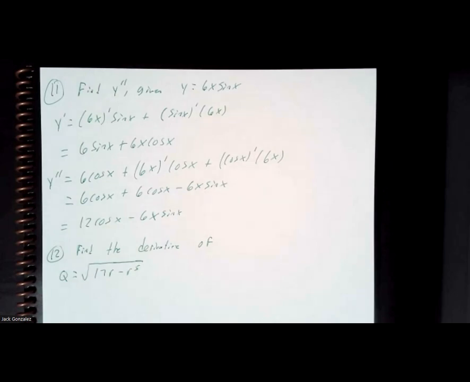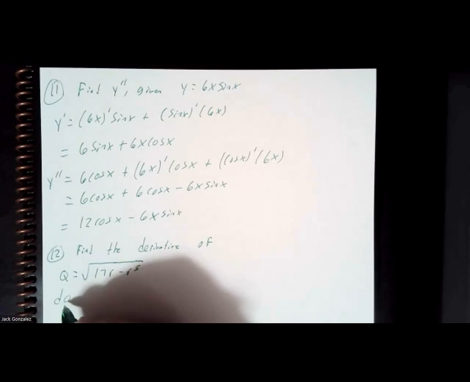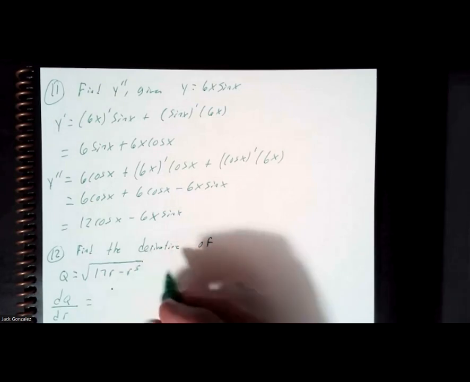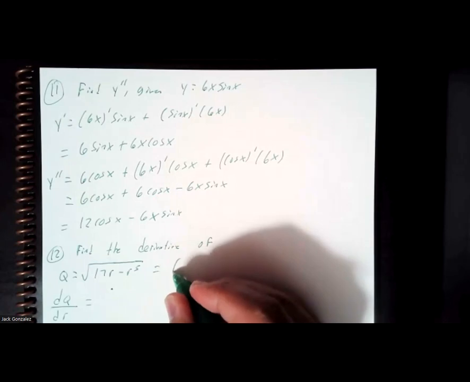Okay. So this will be a chain rule because of that function within a function. So derivative of q with respect to r would be, well, you got to change it to a half. Let me do that over here.